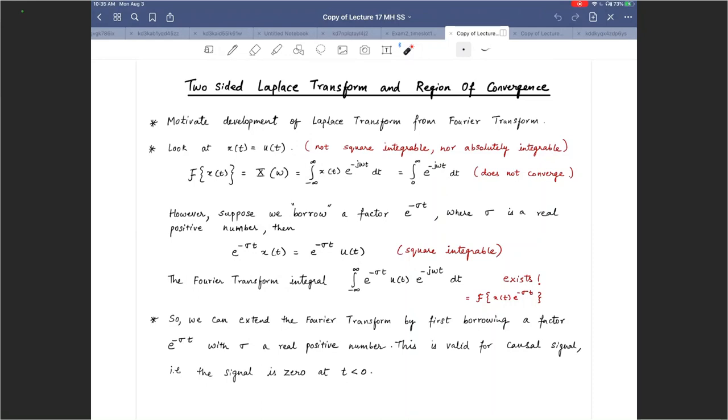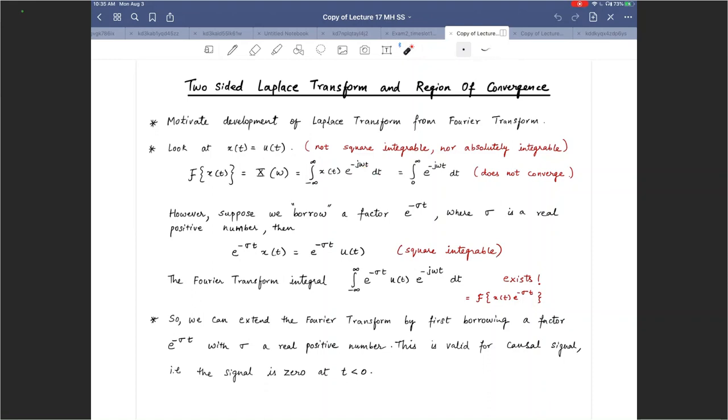So even though we have found the Fourier transform of unit step using some tricks, we used an exponential function and we evaluated time tending to 0. But if you look at the Fourier definition, capital X of omega is defined as the integral from negative infinity to infinity of x of t e to the minus j omega t dt. That's the Fourier transform definition.